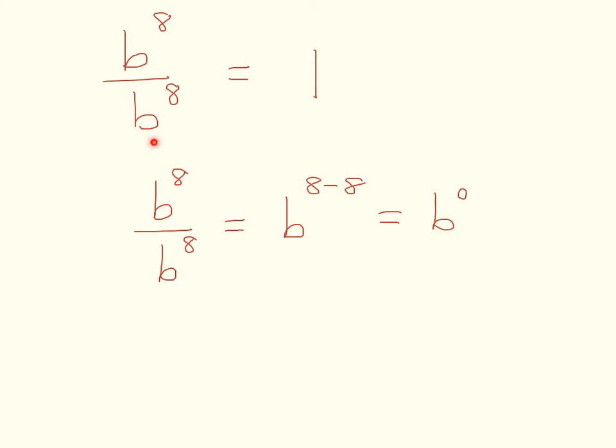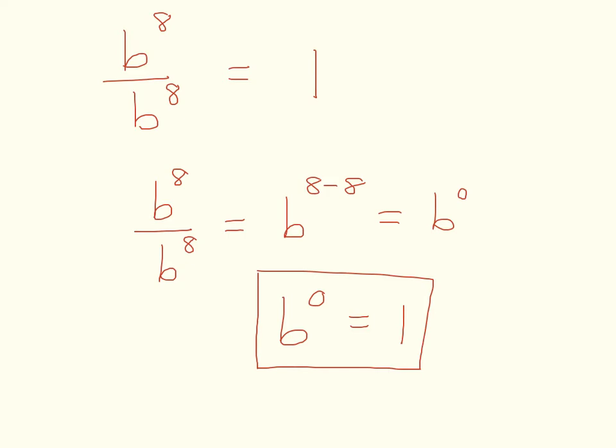Basically, if all of this equals 1, and it is also equal to b to the 0, it means that b to the 0 and 1 must be two ways of writing the same thing. So we have our rule, b to the 0 is equal to 1.